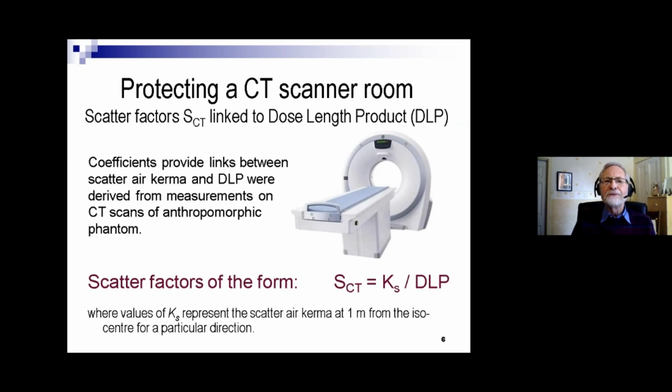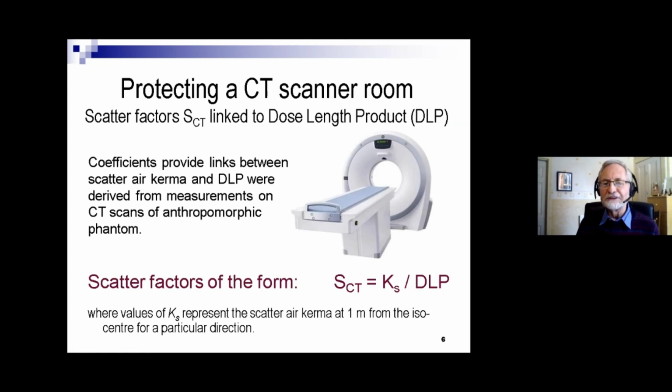So we want to use the dose length product, and what we wanted to derive was coefficients providing a link between the air KERMA and the dose length product. So the scatter factors are of this form, where we've got the air KERMA divided by the dose length product, which is what we were looking for.